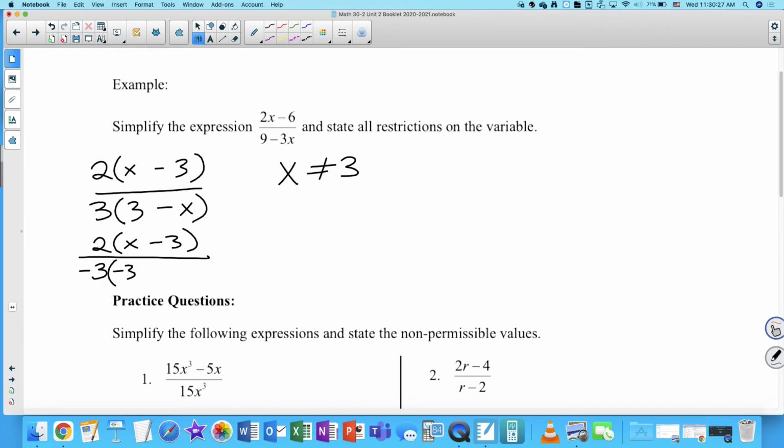And -3 times what is -3x? Positive x. Okay? Now these factors are identical because they have the same terms and the same sign in front of each term. Okay? So now we can cancel this. And this is equal to 2 over -3 or -2/3.